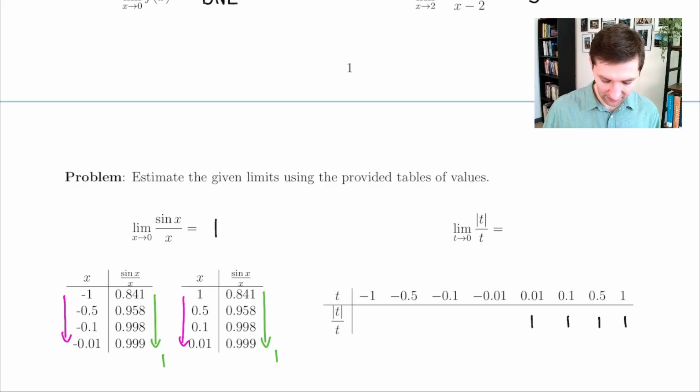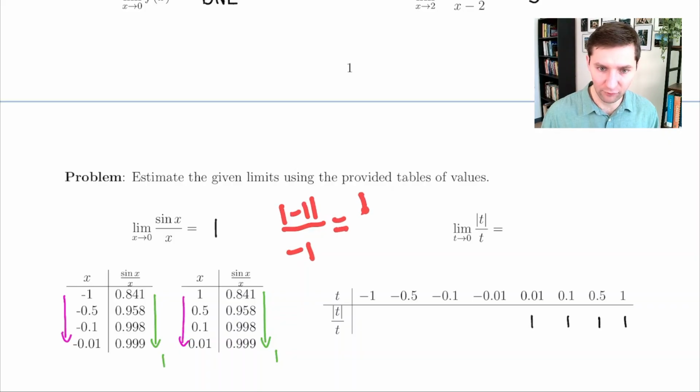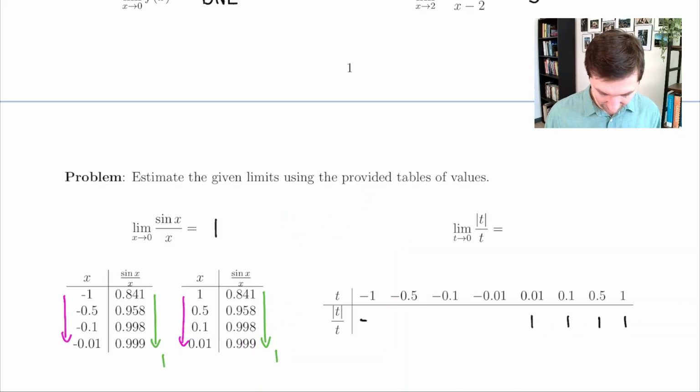Let's try to plug in -1 and see what we get. Absolute value of -1 divided by -1: absolute value of -1 is 1, so I get 1 divided by -1. That's -1. So plugging in -1 to my function gives me -1. What about -0.5?